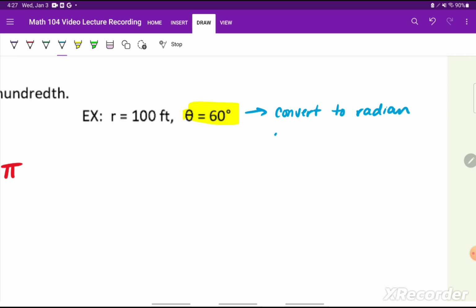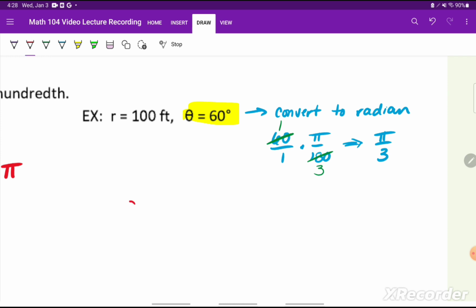So to convert to radian, we're going to take that 60 degrees and multiply it by pi over 180. We can do a little simplifying first. 60 goes into 60 once, 60 goes into 180 three times. This angle becomes pi over 3 in radian.